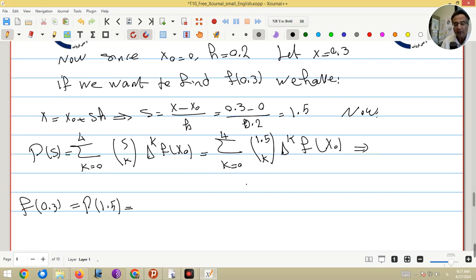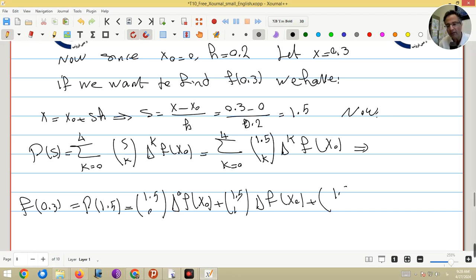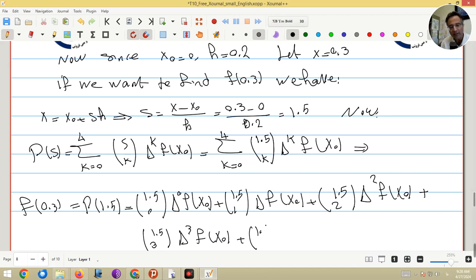Okay, let me extend the summation. So I will get 1.0, this 0 from 1.0 delta 0 f of x0, plus 1 of 1.5 delta f of x0, and we continue in the same way, delta squared f of x0 plus 3 of 1.5 delta third f of x0, and finally I will get this one, delta 4 f of x0.